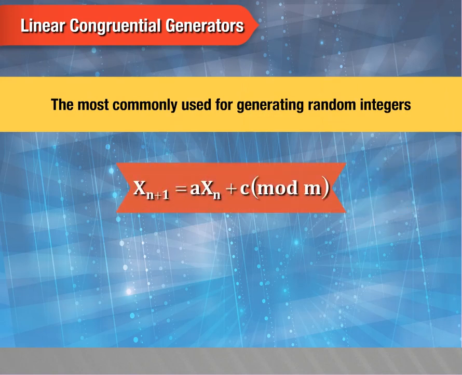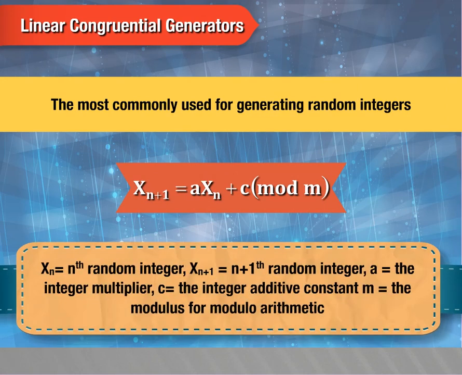xn+1 = (a xn + c) mod m. xn is the nth random integer, xn+1 is the (n+1)th random integer, a is the integer multiplier, c is the integer additive constant, m is the modulus for modulo arithmetic.